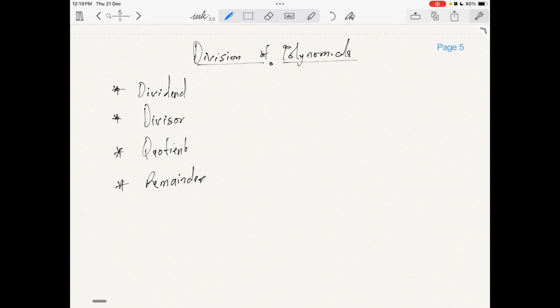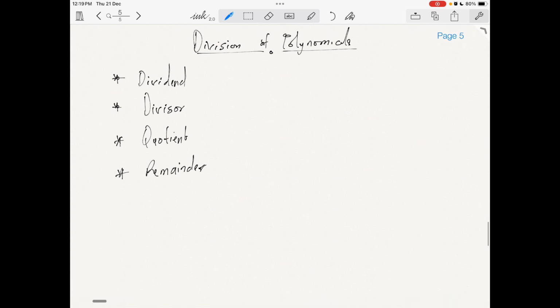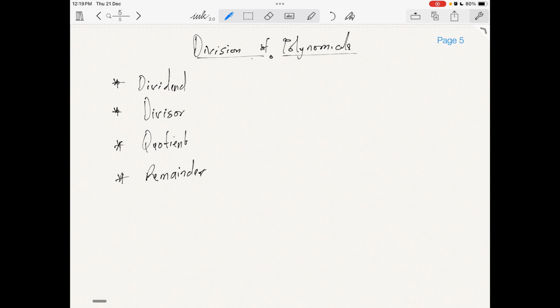Just like we did in multiplication of polynomials, if polynomial a is of degree 4 and polynomial b is of degree 3, and we say pa pb, that's a multiplication.